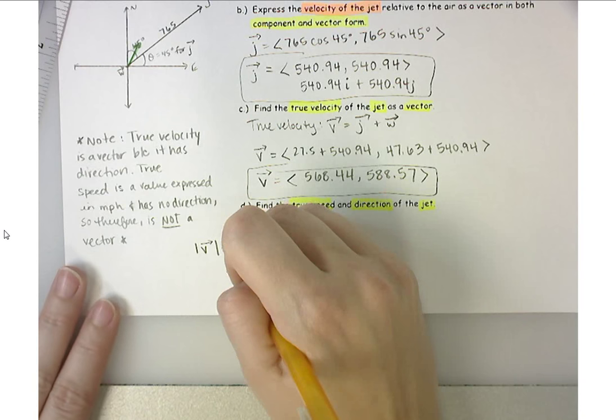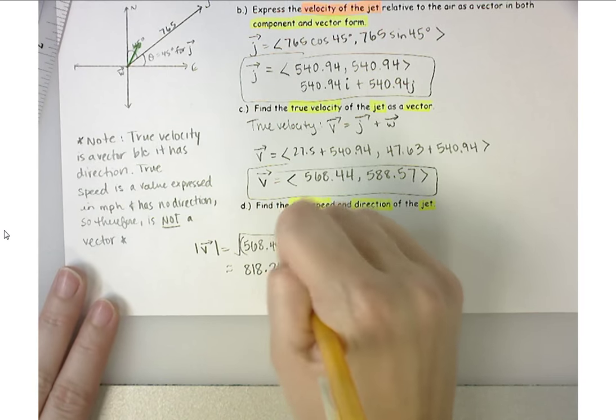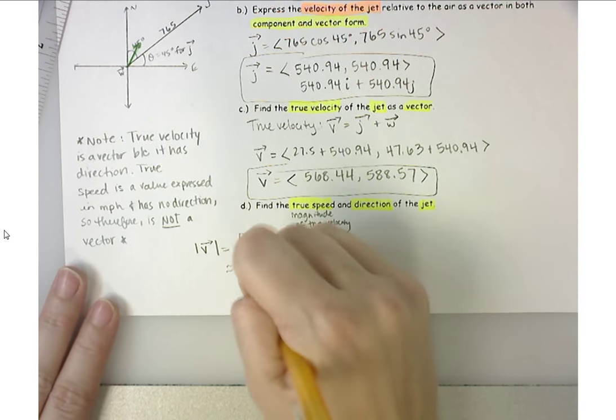Okay, and then you should get 818.25 miles per hour. And that is your true speed.